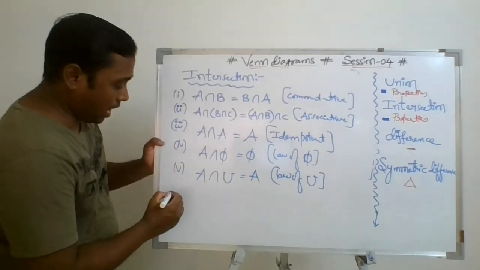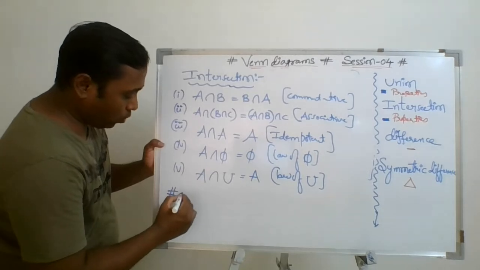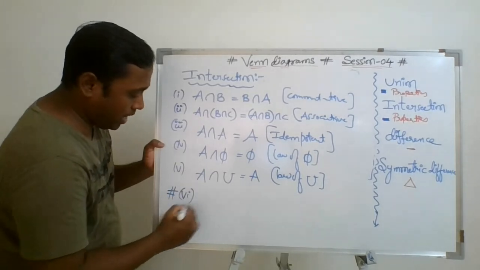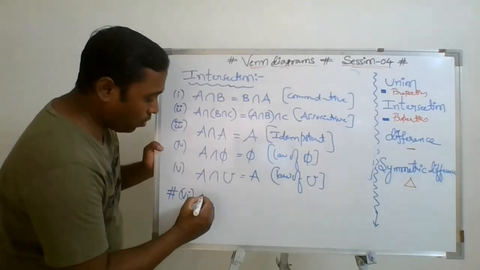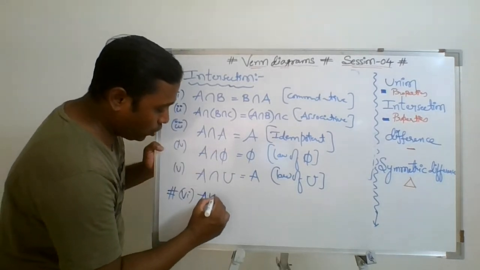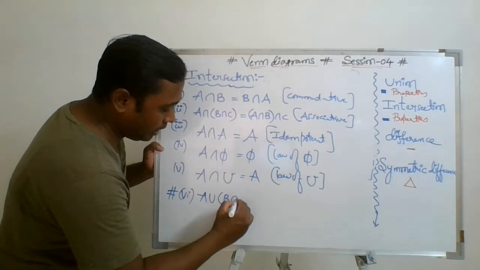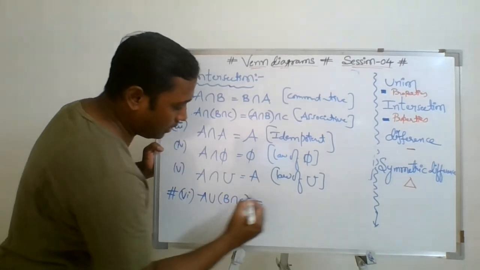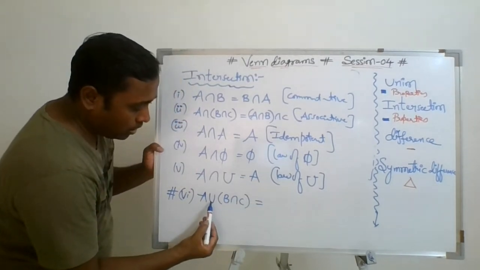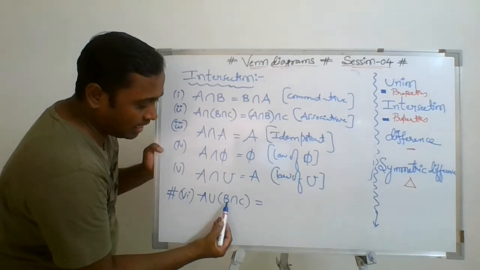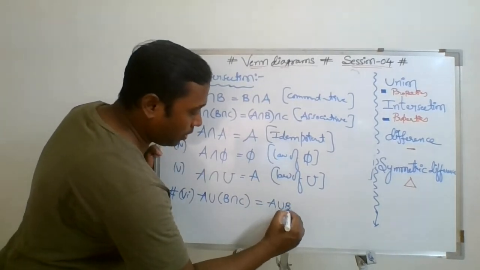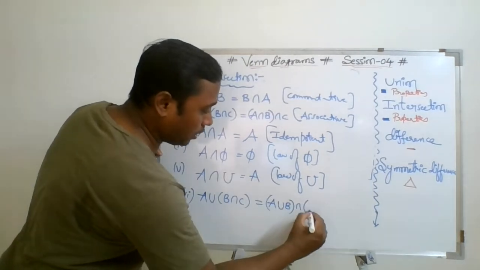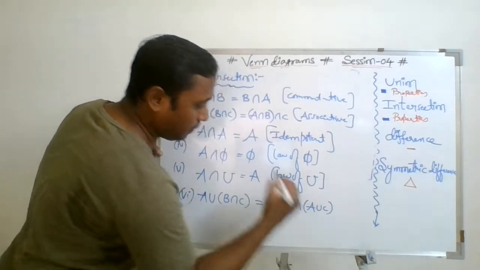Now I'm adding one important property which combines both union and intersection. A union (B intersection C) will simply distribute the union over the intersection, which can be written as (A union B) intersection (A union C).